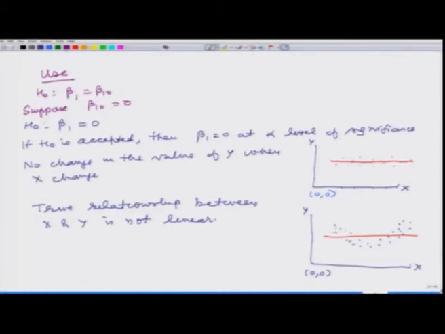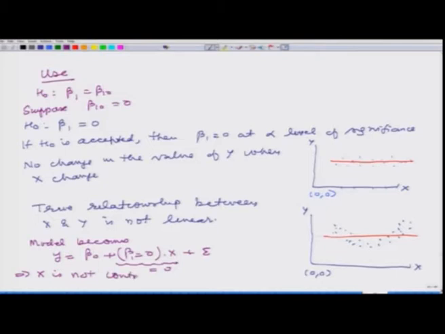So, now we can see here, once H naught: beta 1 equal to 0 is accepted, then in that case our model now becomes, say, y is equal to beta 0 plus beta 1, which takes actually value 0, into x plus epsilon. So, this quantity becomes equal to 0. So, this implies that x is not contributing in explaining the variation in y.